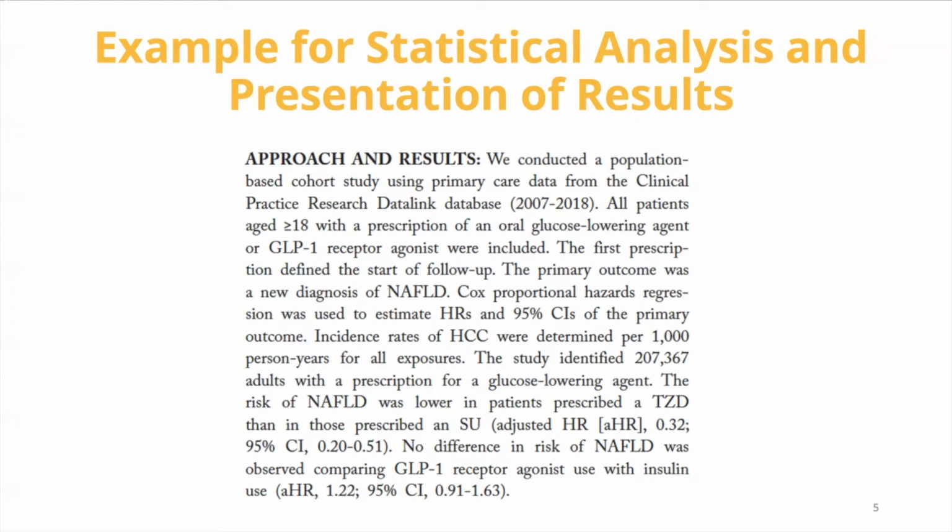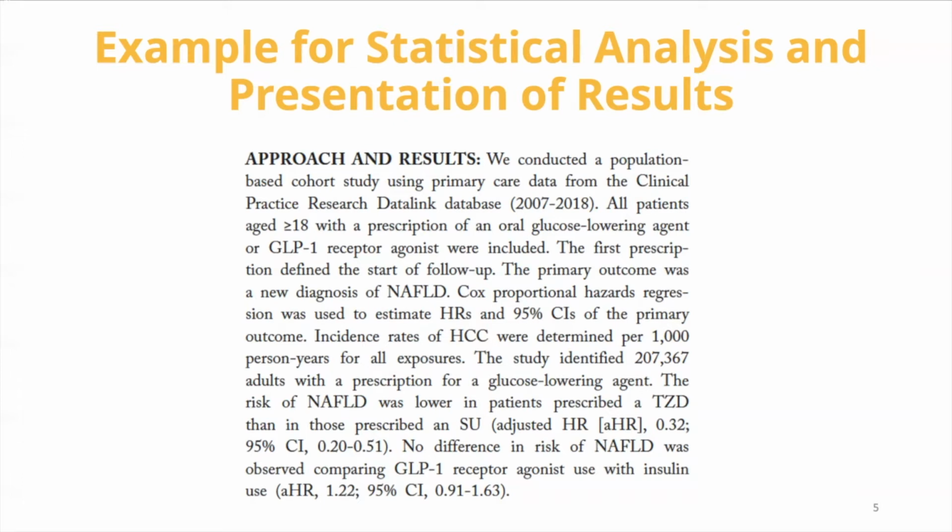They studied all patients aged 18 years and older with a prescription of an oral glucose lowering agent or GLP-1 receptor agonist in their study cohort. And they started follow-up at the first prescription for those medications.